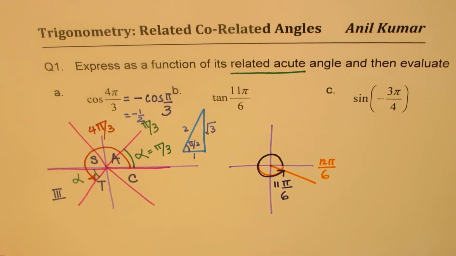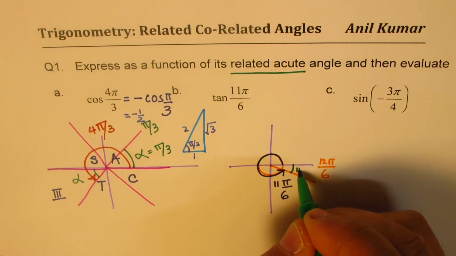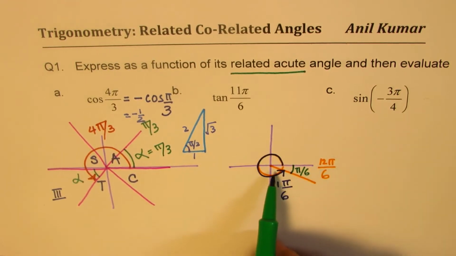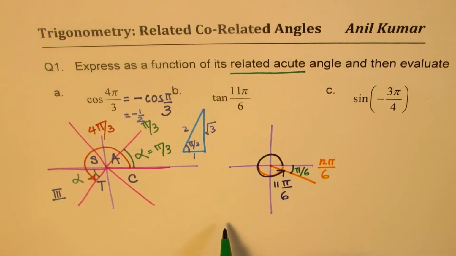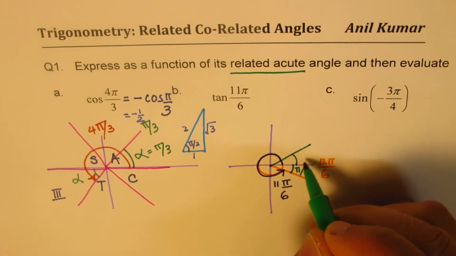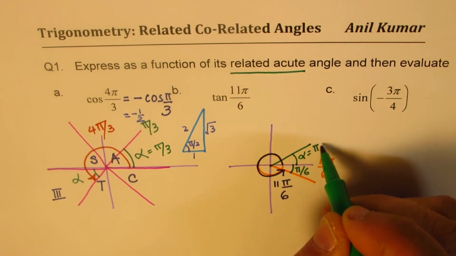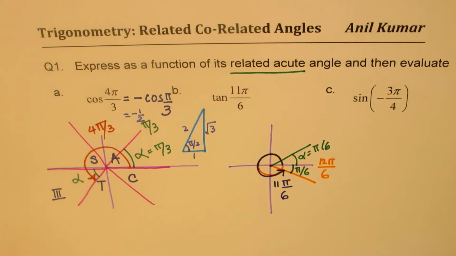What is the acute angle? Well, the acute angle for us is pi by 6, the angle which the principal arm makes with the horizontal x-axis, correct? So now you are looking into this triangle, where the acute angle alpha is pi by 6. You're talking about tan.